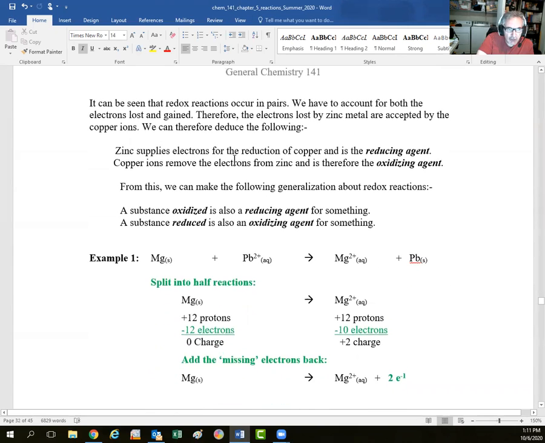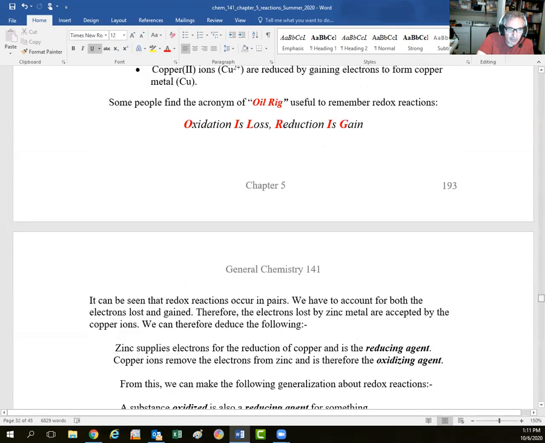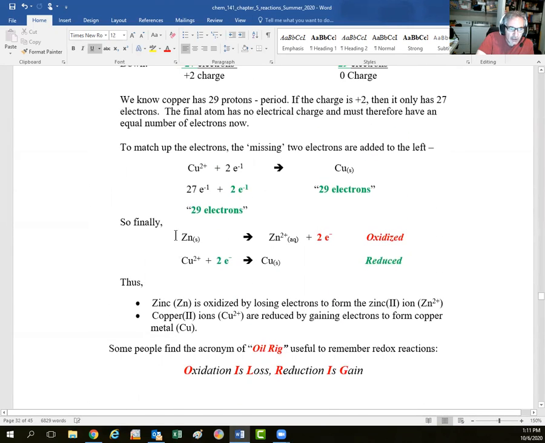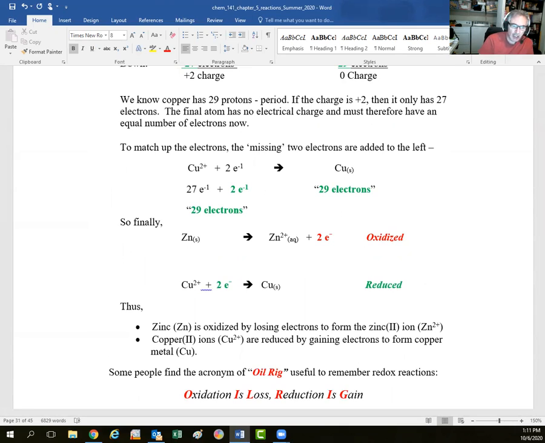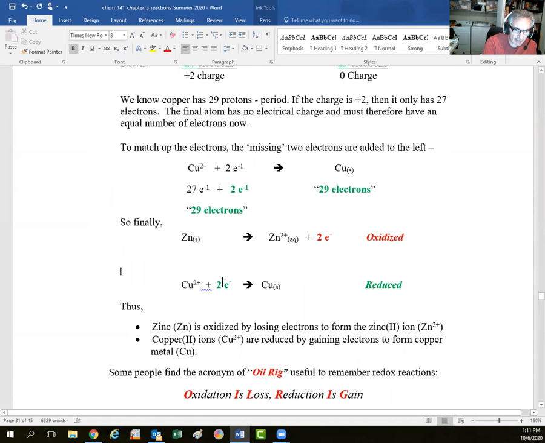The other thing to quickly mention is the idea of oxidizing and reducing agents. So the zinc is giving electrons away, and it's supplying the electrons for the copper. The copper, of course, being reduced.